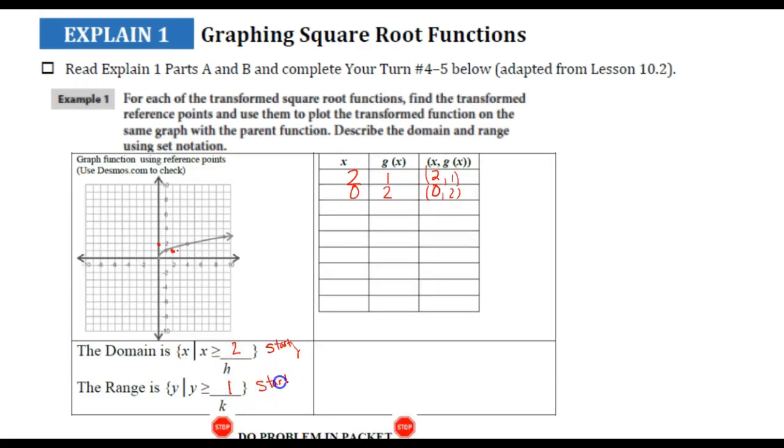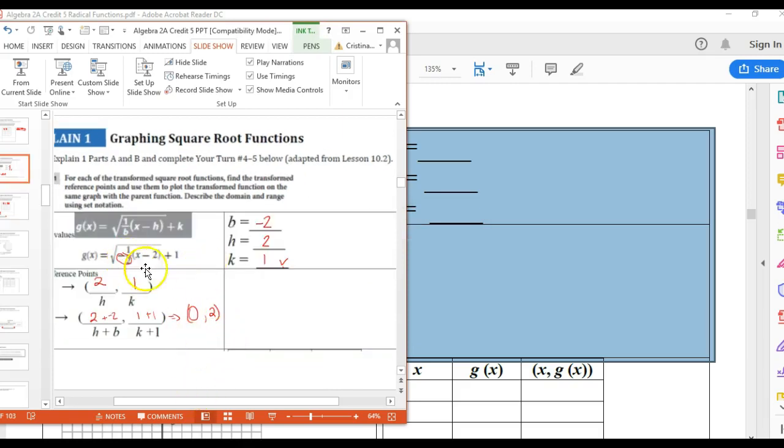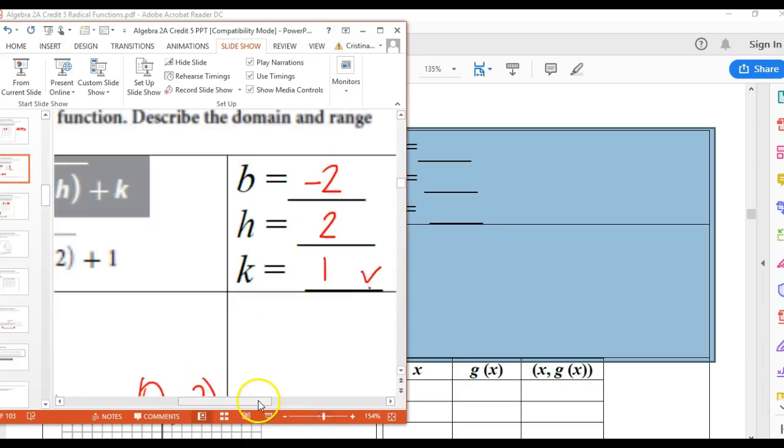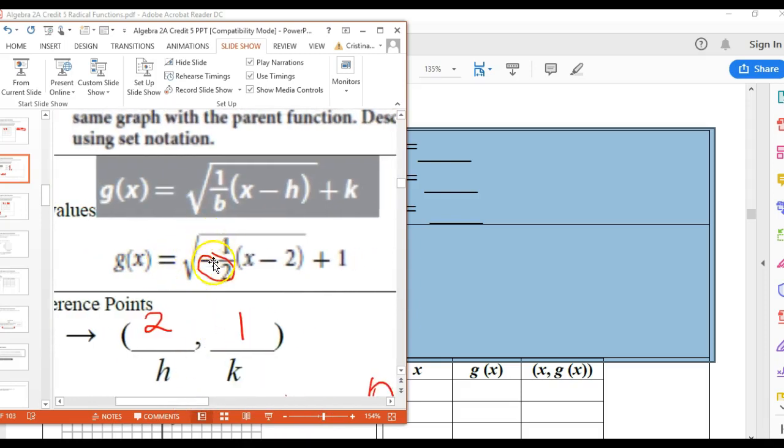That'll be our starting y value. Now I'm just going to check Desmos to make sure that that's correct. Remember, our equation was g of x equals square root of -half, parentheses x minus 2, plus 1.